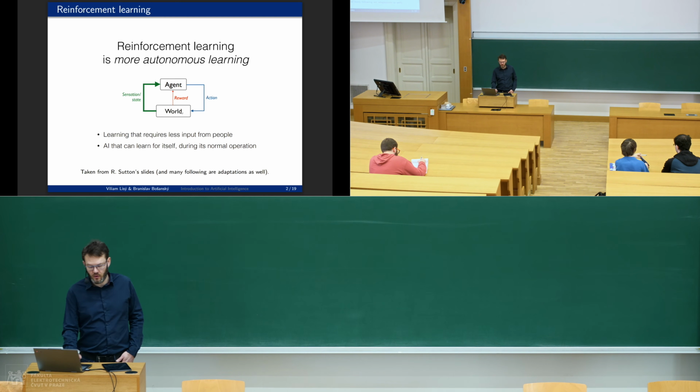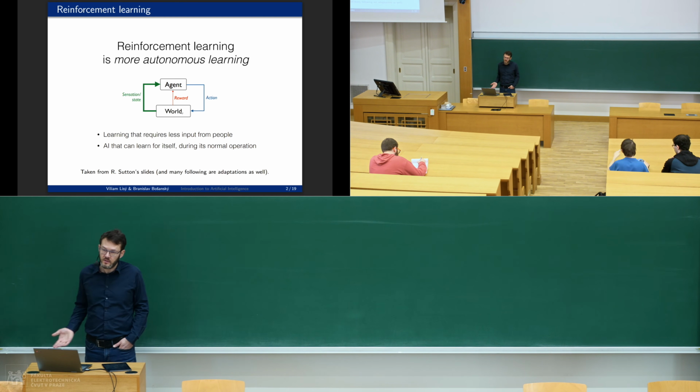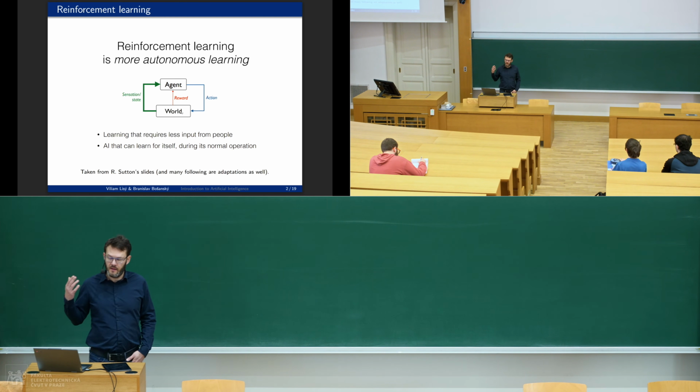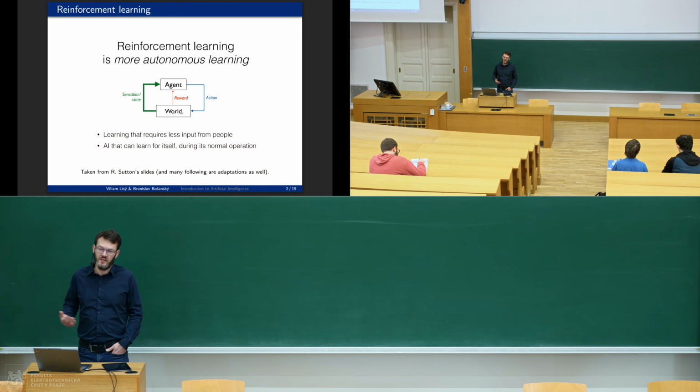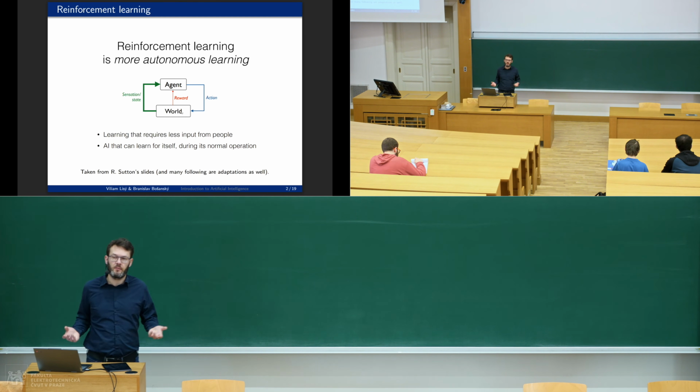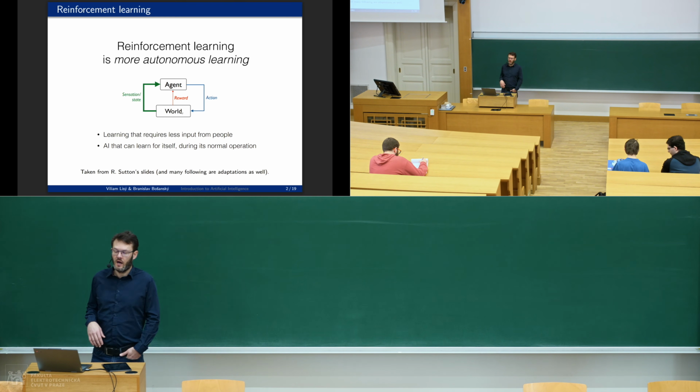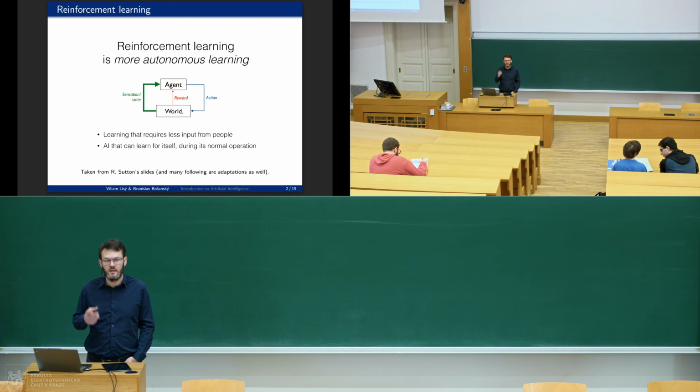The goal of the agent is to optimize the reward signal, so it's much more autonomous learning. It requires much less input data, instead of examples of inputs and outputs, which can be complicated. You just have a simple reward signal, like what do you want the agent to optimize.